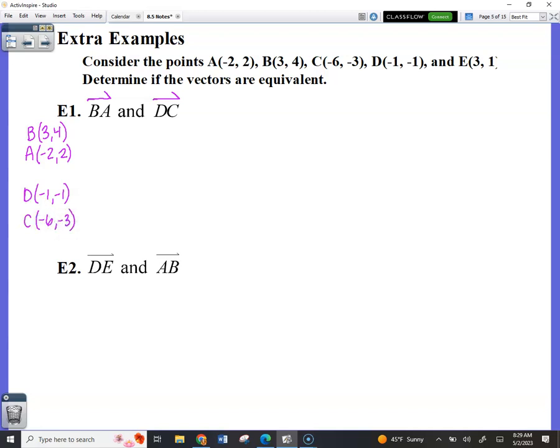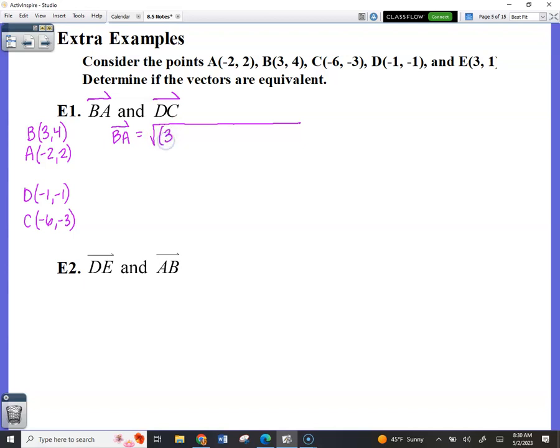Okay, so in order to show the vectors are equivalent, we've got to show that they have the same magnitude and the same direction. Magnitude comes from the distance formula. So for vector BA in the distance formula, remember the order that you plug in here does not matter. As long as you've got your x's grouped together and your y's grouped together, it doesn't matter how you subtract them in the parentheses.